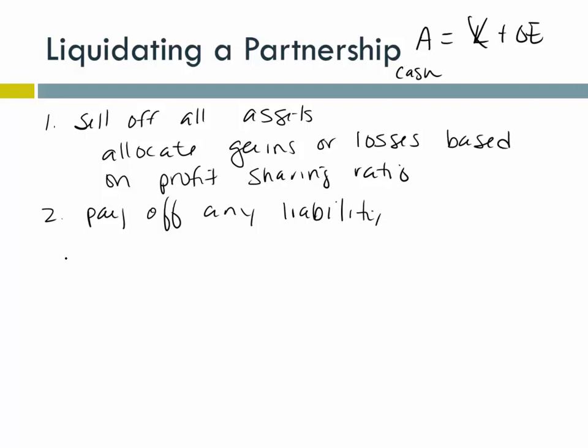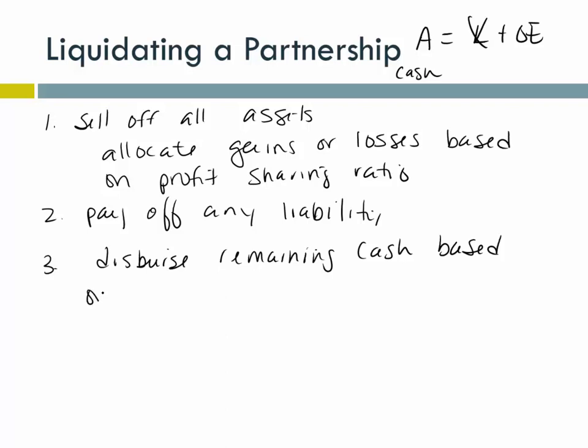So then all I have to do is disperse the remaining cash based on capital balances. And then every account will have a zero balance, and you're done.